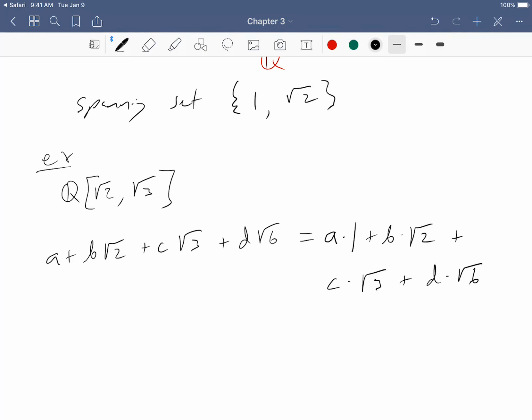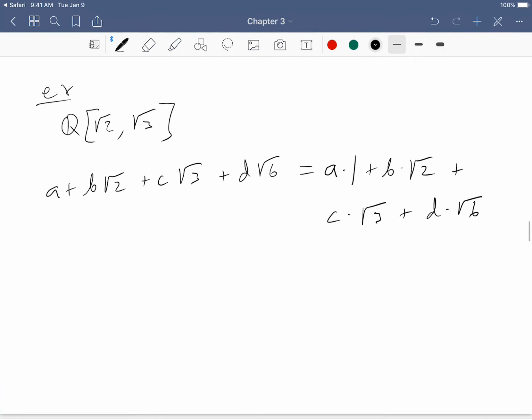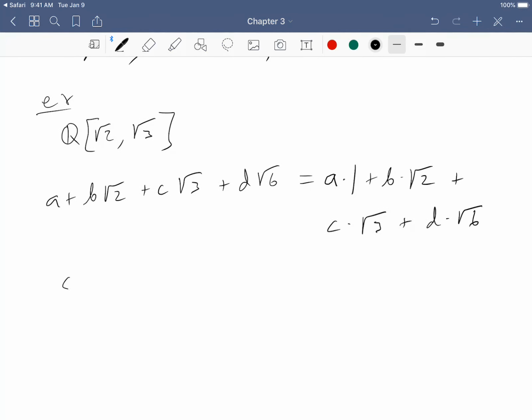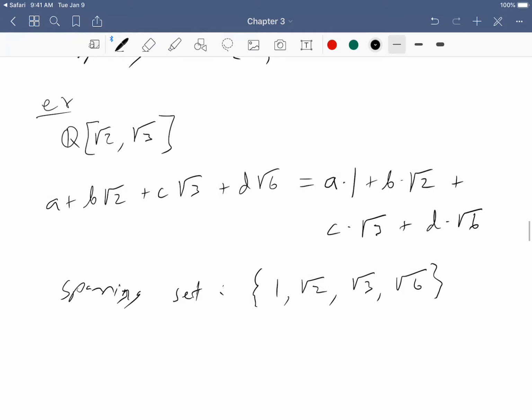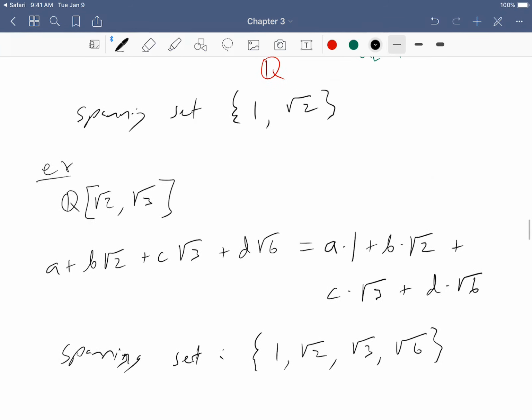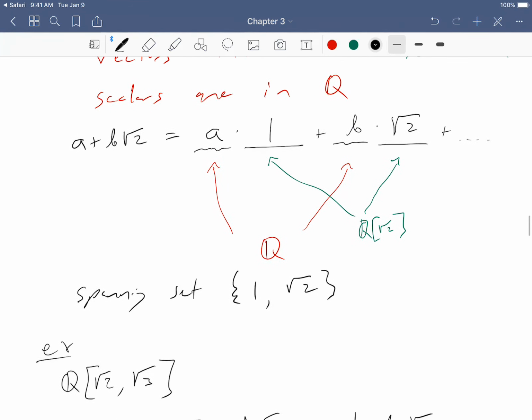So it looks like we haven't done anything here, but all we're saying when we write those 4 terms, we're already having in mind a spanning set. Our spanning set here is 1 because I need to allow a rational term, root 2, root 3, and root 6.